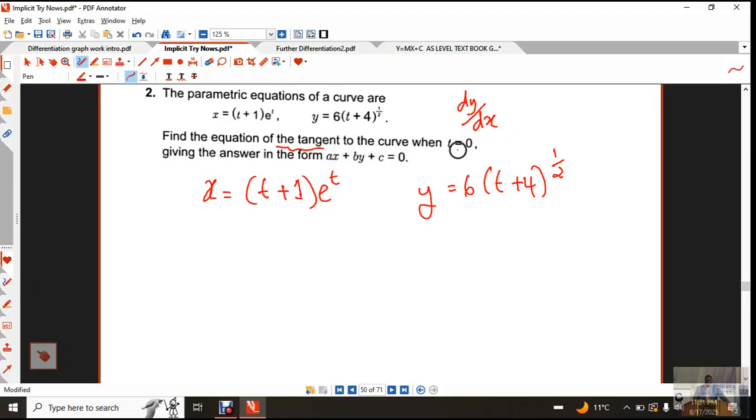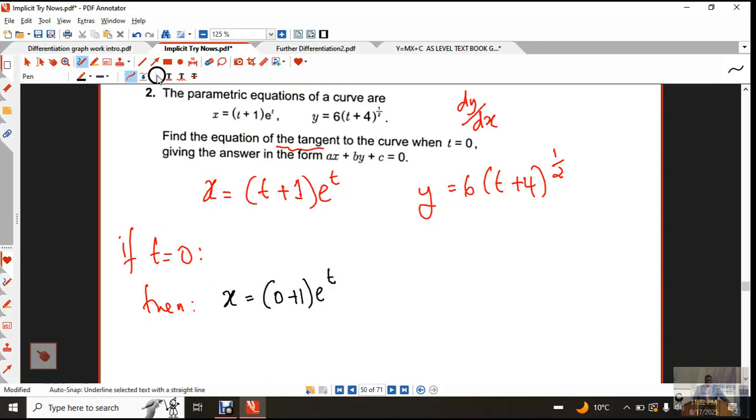In fact, we can actually find the value of x and the value of y if t is equal to 0. Then x will be 0 plus 1 times e to the 0.